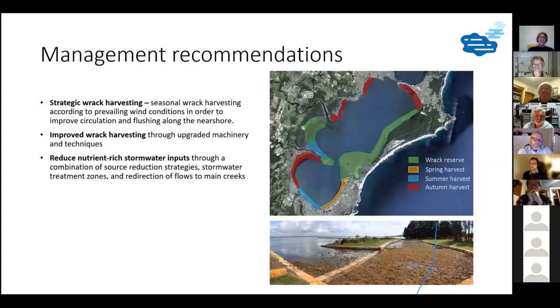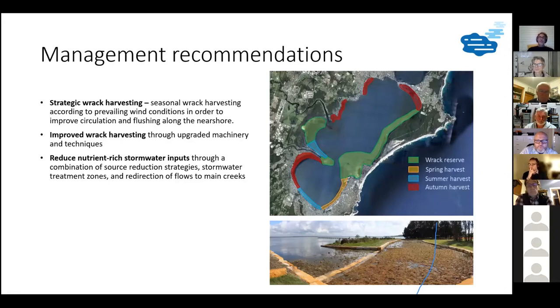These ideas come with the understanding that you can't stop all of the nutrients and sediment coming off the landscape, so then we have to actually try to treat that. There are innovative or emerging ways of doing that. Obviously, given the really huge area of urbanised shoreline, this is hugely costly, but nonetheless.